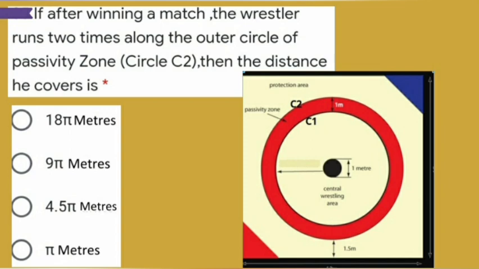Now the last one is, if after winning a match the wrestler runs 2 times along the outer circle of the passivity zone, that is circle C2, then the distance he covers. So we have to think about the distance that the wrestler covers in one round. While taking one round on circle C2, the total distance covered is the circumference.